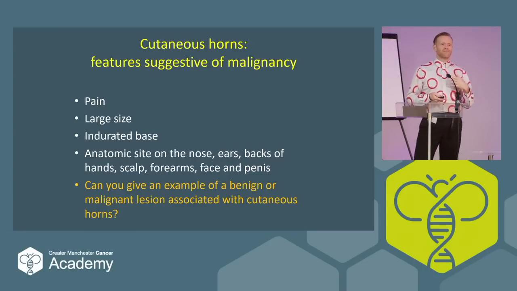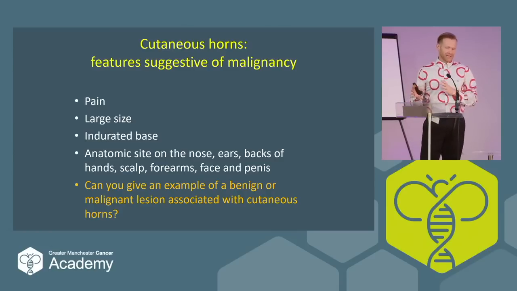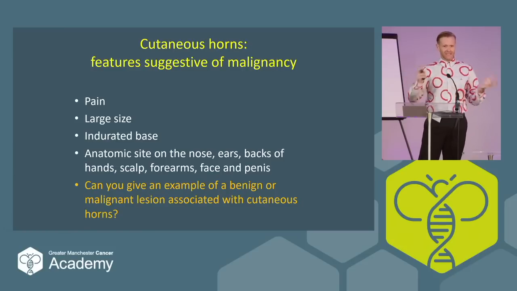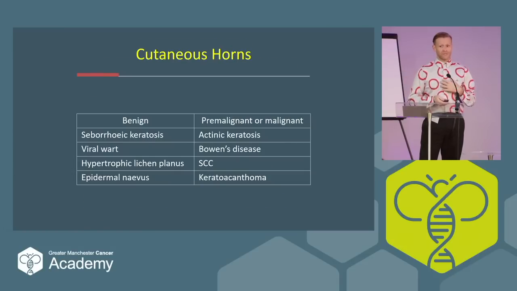KAs can't usually be diagnosed histologically as to whether they're well-differentiated SCCs or keratoacanthomas. I personally think that KAs are just a form of SCC, and a small proportion of SCCs spontaneously resolve. And often when you analyse them under the microscope, the pathologist can't tell either. So we manage them in the same way. If you think something is a KA, that is an SCC, and you refer it in to us on a 2-week wait basis.